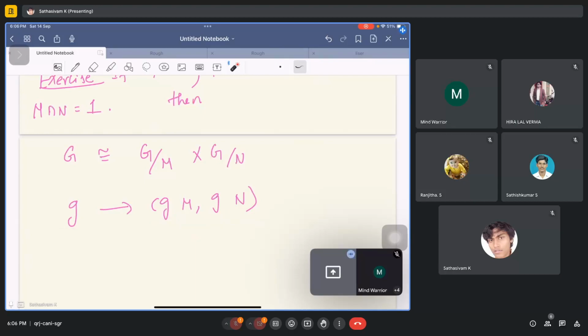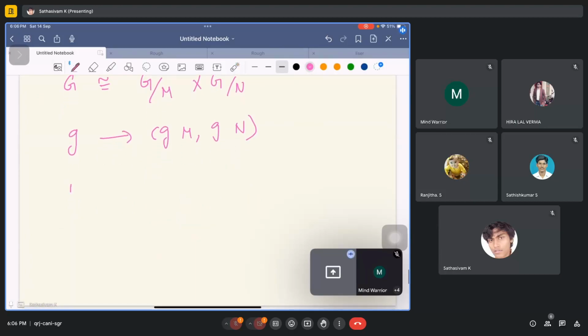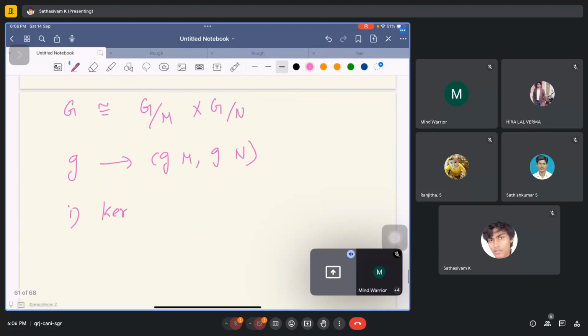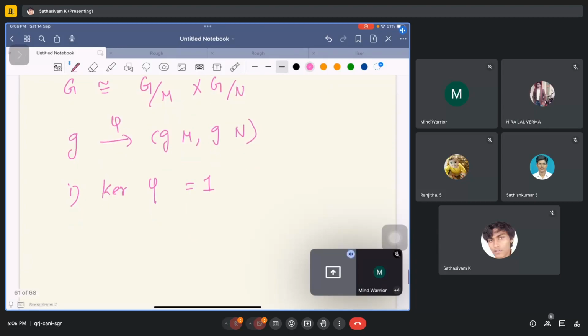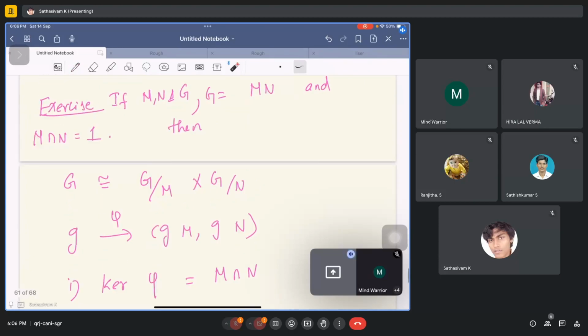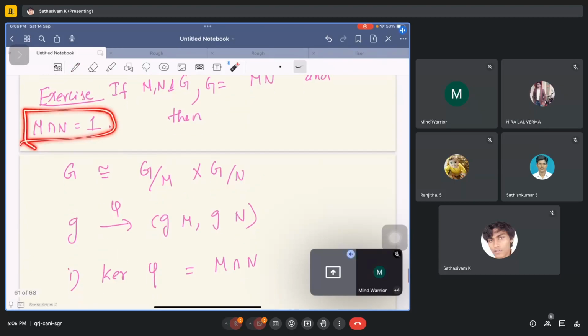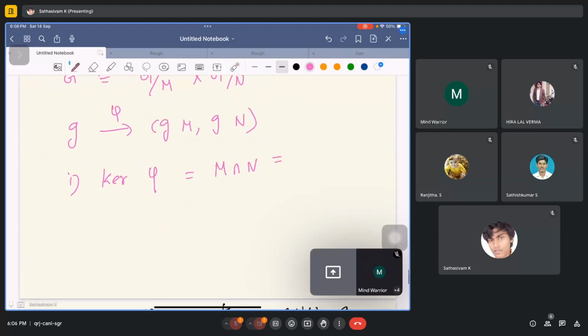Then we can directly use it. Basically, first prove that the kernel of, let me call this phi, the kernel of phi is identity. That is easy to prove. In fact, you can directly prove that the kernel of phi is basically M intersection N, and here we are assuming M intersection N is 1. So this is equal to this. But try to prove that the kernel of phi is basically M intersection N.